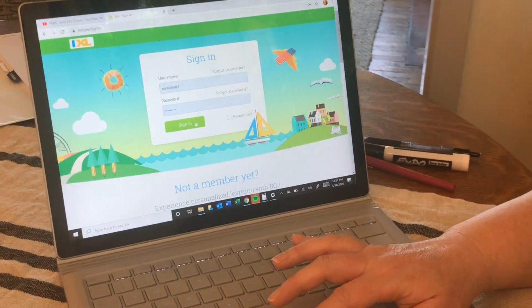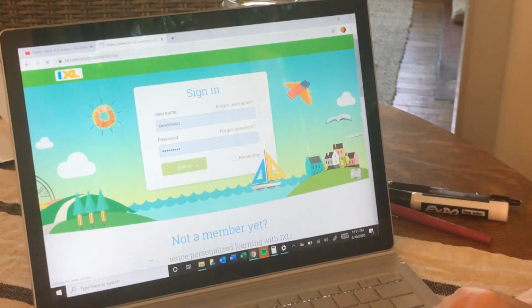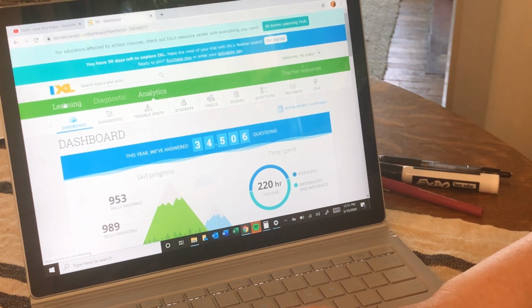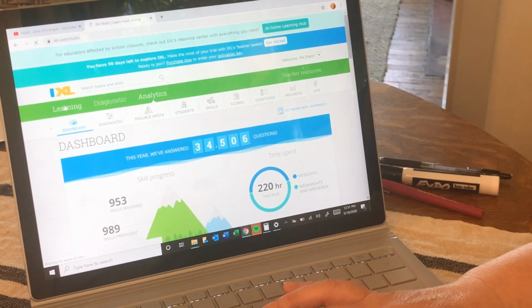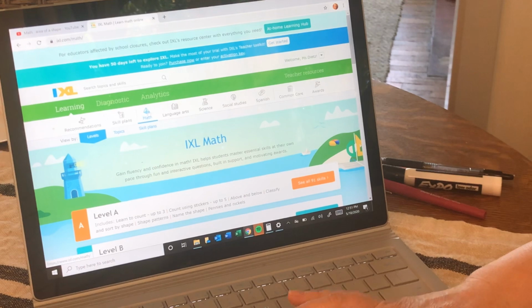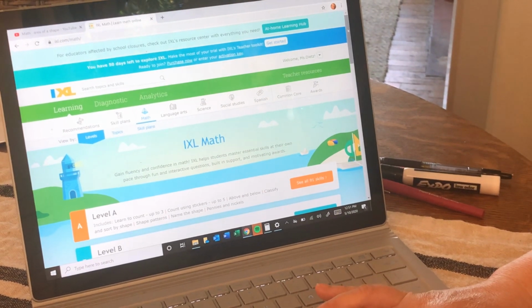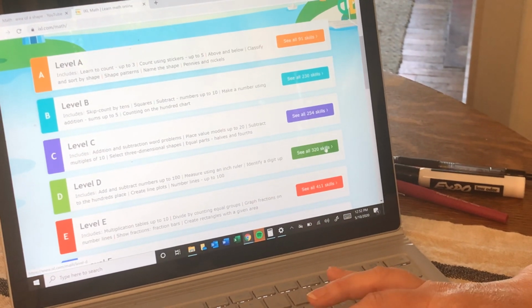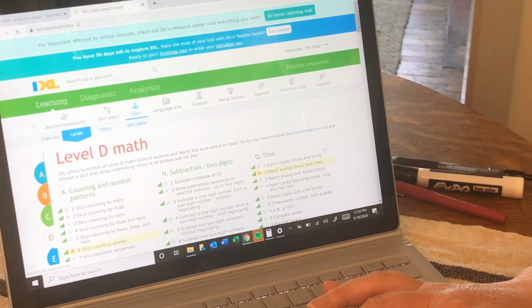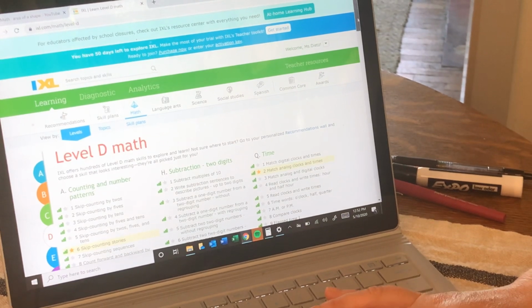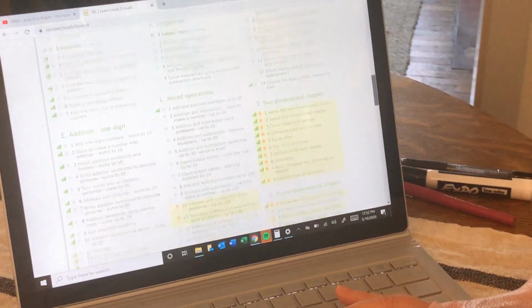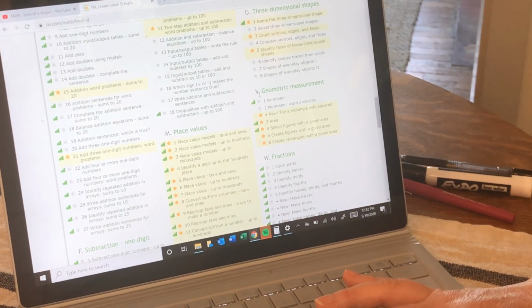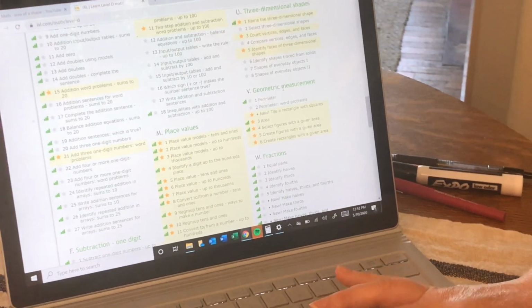So when you go to iExcel and sign in, you're going to go to Learning, and then Math, and then scroll down to Section D. And then scroll down all the way to Section V, Geometric Measurement.